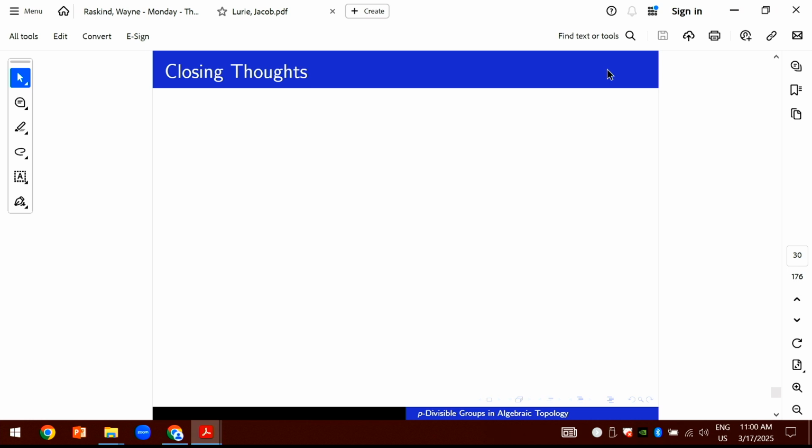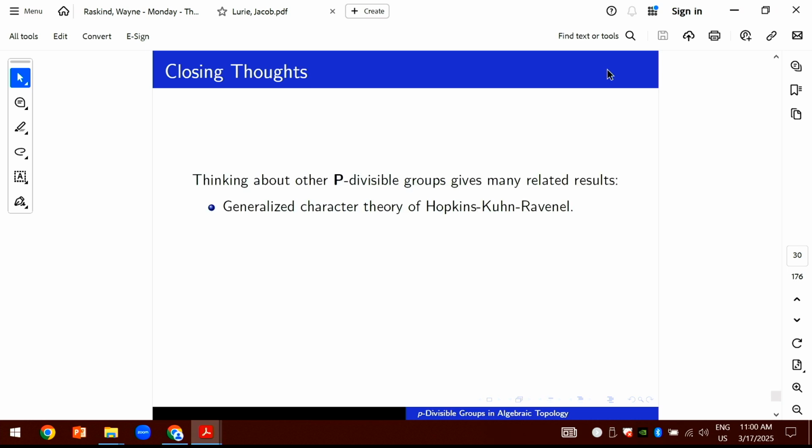But there's a lot of room to vary those particular ingredients. For example, the work I mentioned earlier of Hopkins, Kuhn, and Ravenel is also something that you can get to pop out of this for a different choice of p-divisible group and a different choice of cohomology theory. There's work expanding on this due to Stapleton, which you can prove using the same methods.